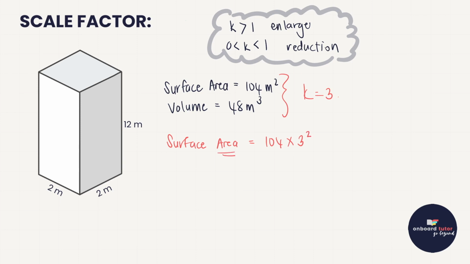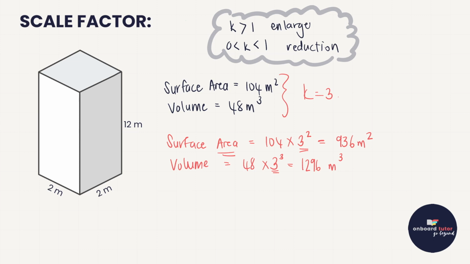Why? Area is always in square units. And if we needed the volume, we would take our original volume there, multiply by the scale factor, and volume is always cubed. So the scale factor will be cubed.